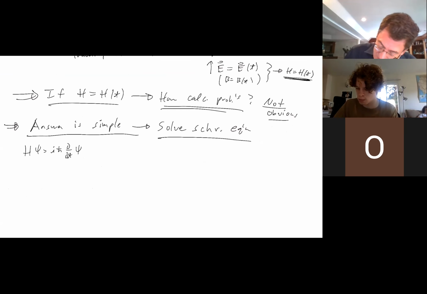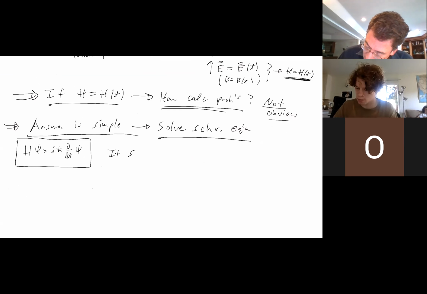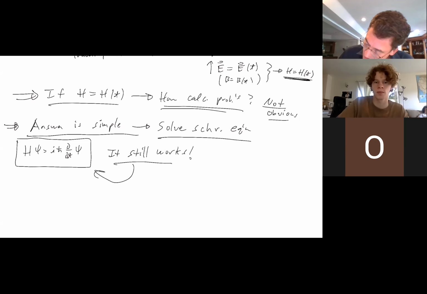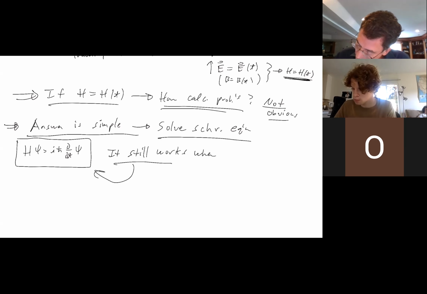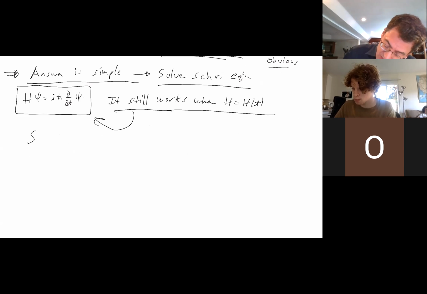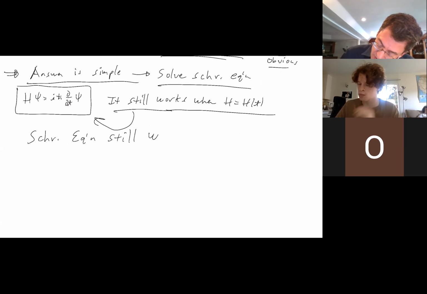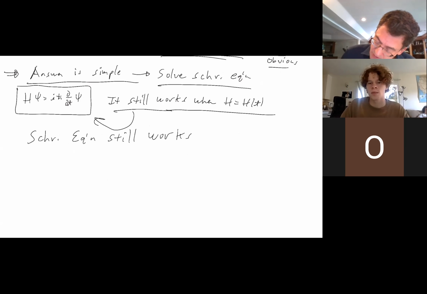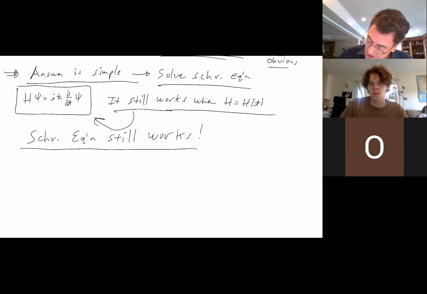And the thing is, this still works, even when H is a function of time. I just want to say right up front, the Schrodinger equation still works. Thank God. Otherwise, we wouldn't know what to do.